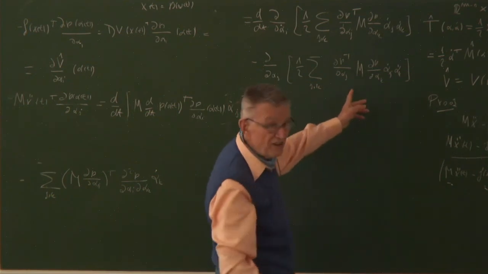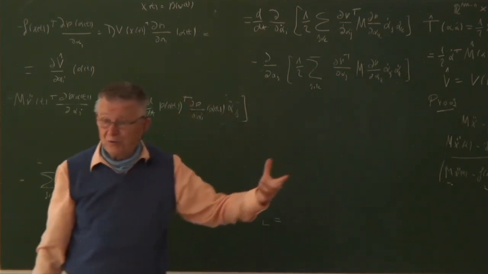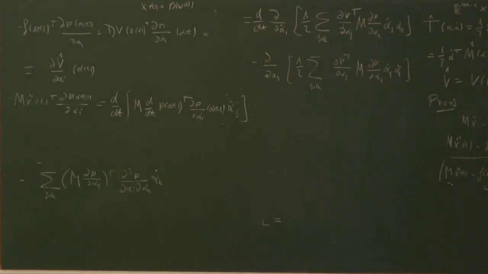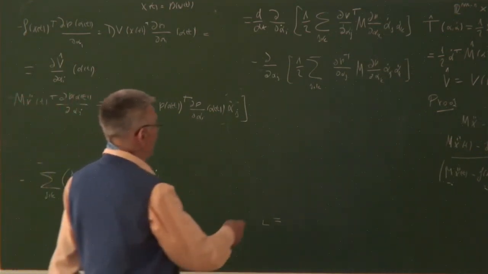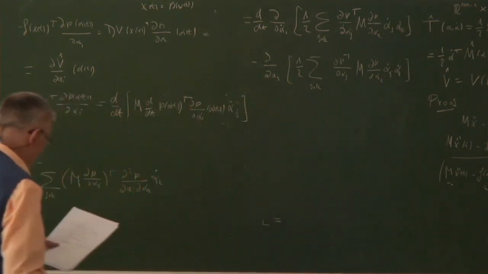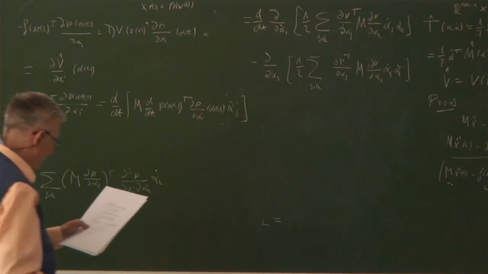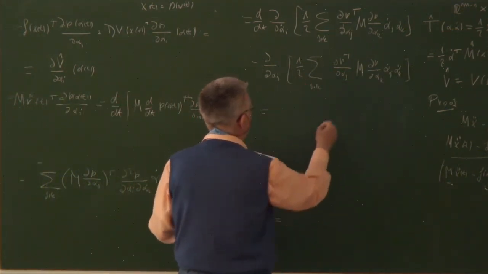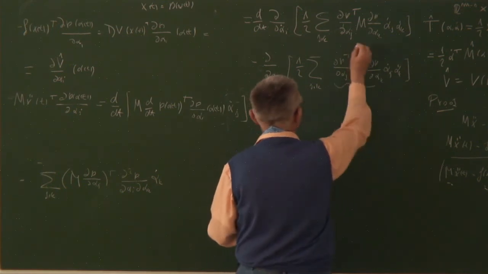You get twice the same expression if you differentiate this scalar product. And if we recognize what it in fact is, this is our m hat.